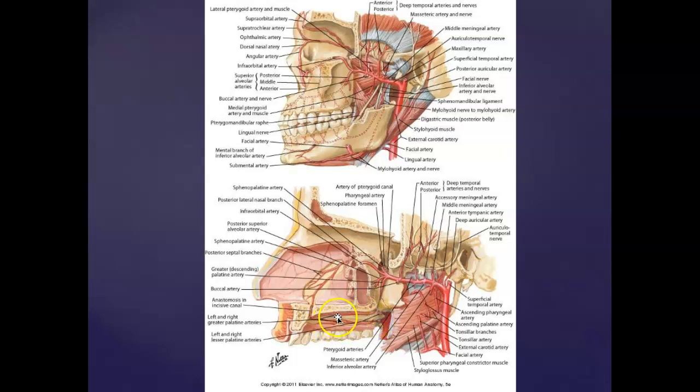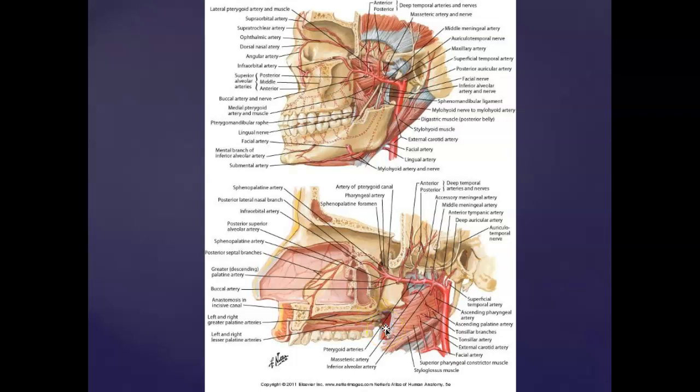The palatine processes of the maxilla, and then the horizontal plate of the palatine bone here. There's these two little holes for the greater and lesser palatine arteries and nerves that we'll see in a little bit. But that deep palatine artery will then branch into the greater palatine artery and the lesser palatine arteries coming back in towards the soft palate. So greater palatine going to the hard palate, lesser palatine to the soft palate.